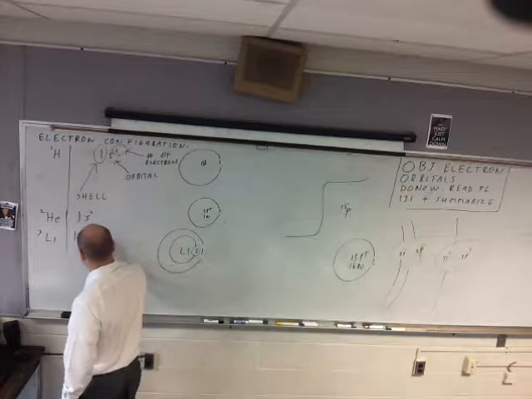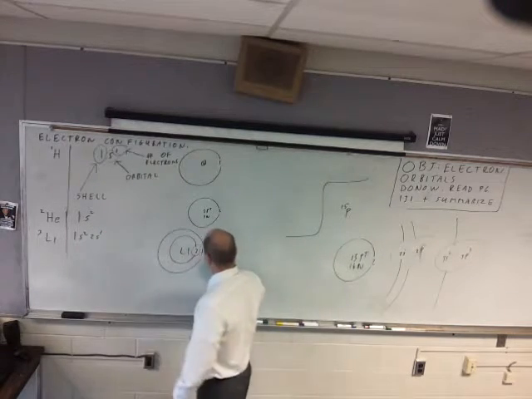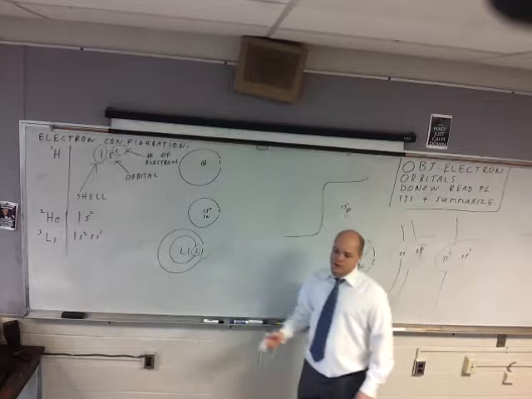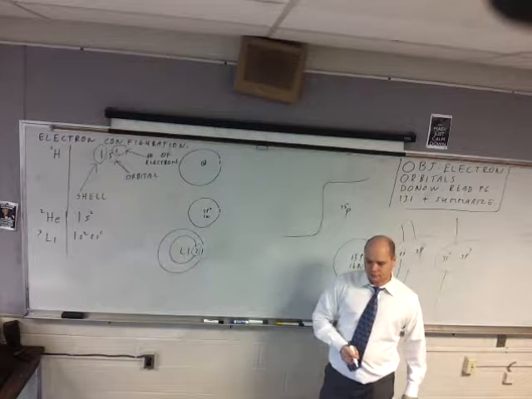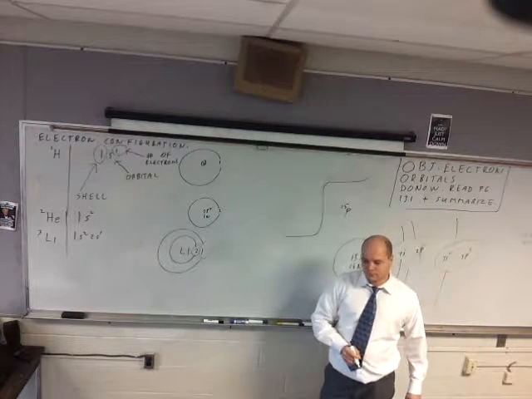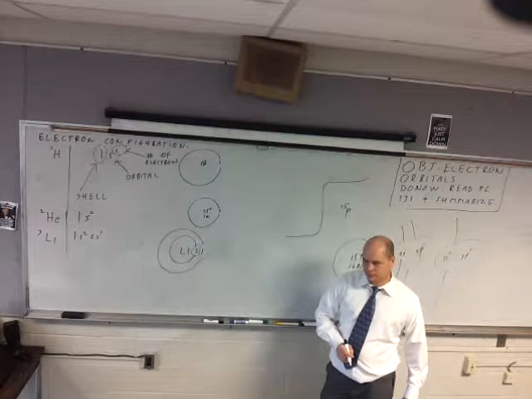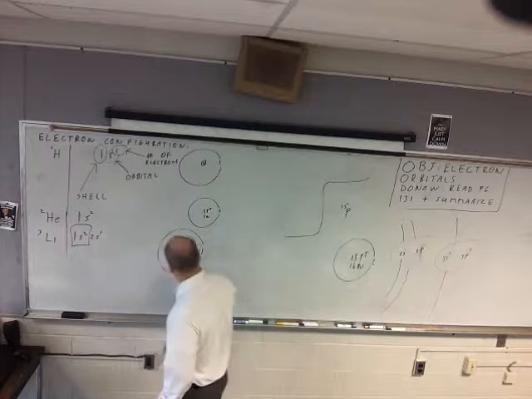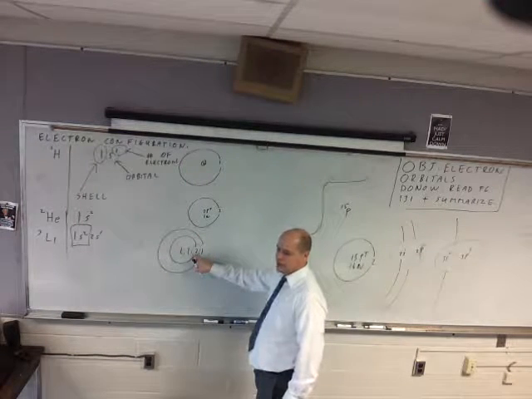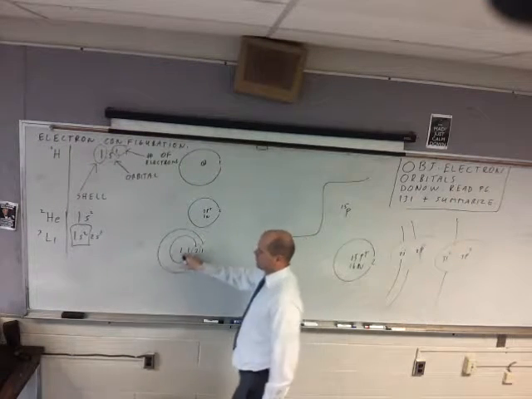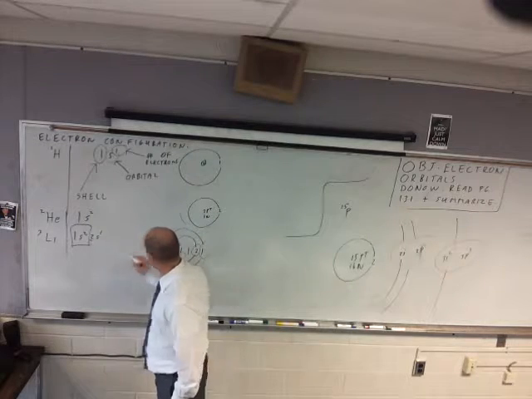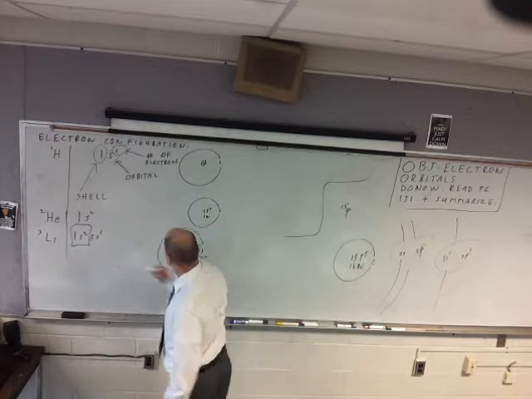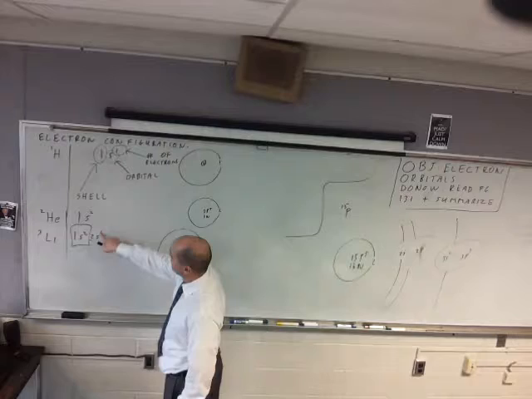And then 2s1 tells me that there's 1 electron in the s orbital of the second shell. So 1s2, that's these 2 electrons here in the s orbital of the first shell. 2, second shell, s orbital of the second shell has 1 electron.